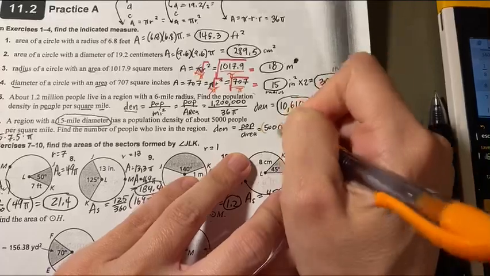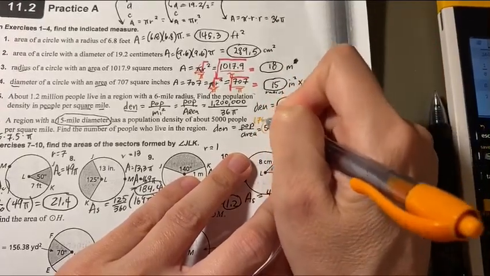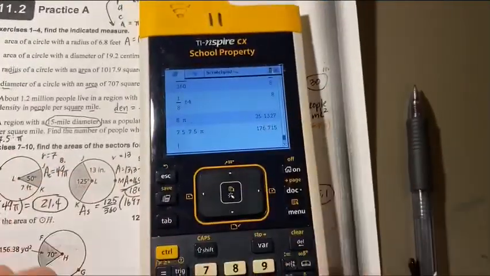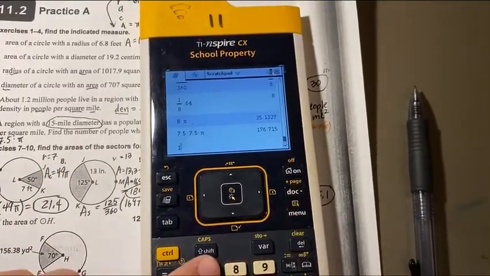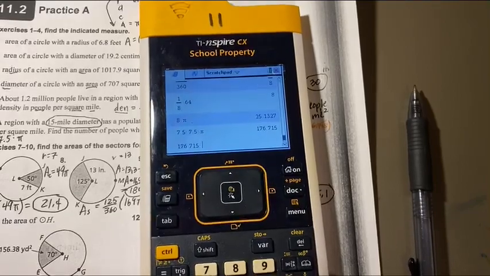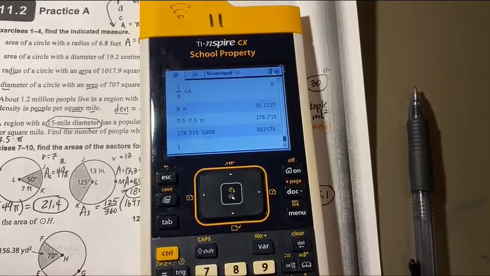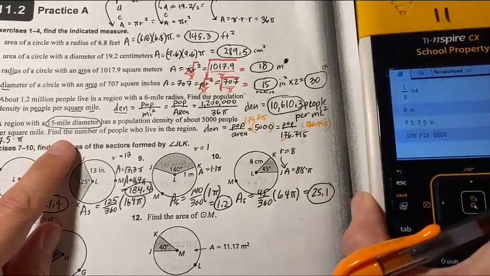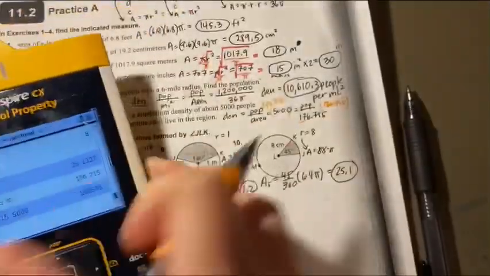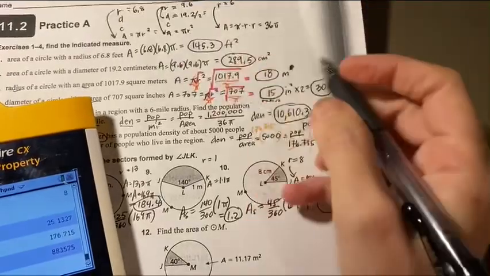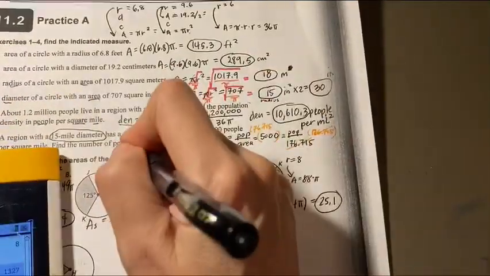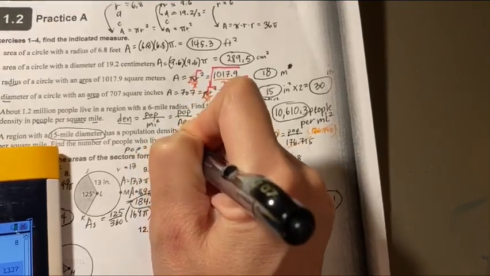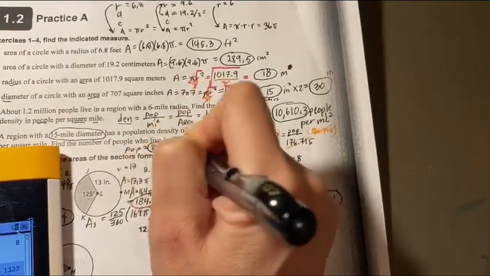And if I multiply it by the 5,000 over here, 176.715 times 5,000. That is the number of people that live in the region. So the population would be 883,575. So a little under 1 million people.